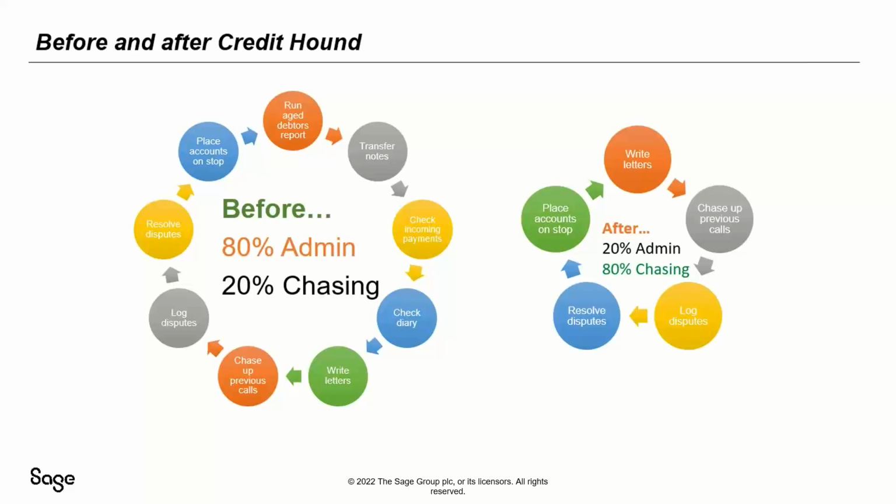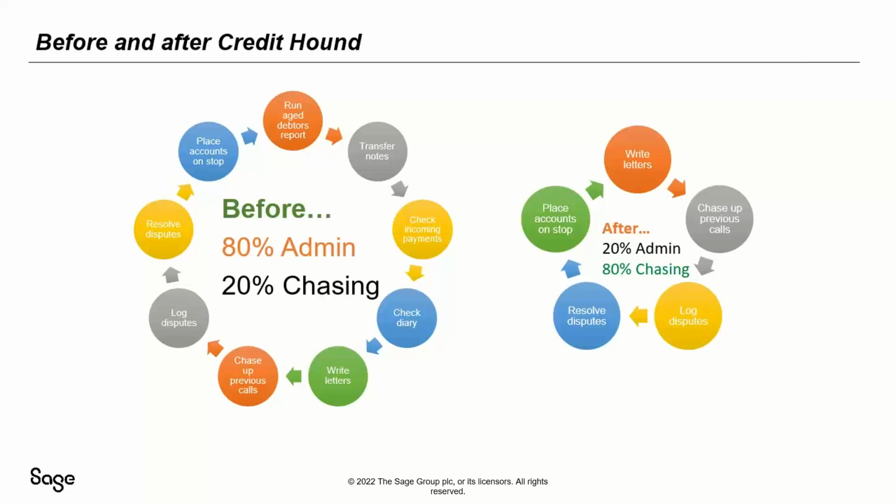So let's just take a look at this diagram here. Now, before Credit Hound, you're stuck in a cycle of chasing down late payments, spending countless hours managing your accounts receivables, and that's from anything like running aged debt reports, struggling to keep your notes up to date, writing emails and letters, following up phone calls you've made previously, managing disputes.